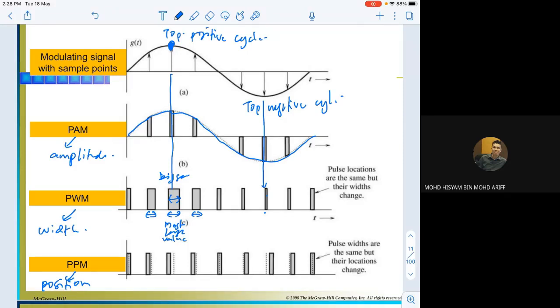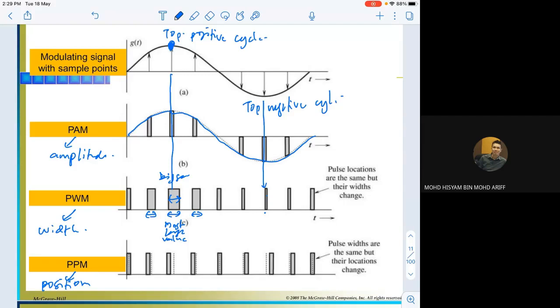Some of the students will say, sir, where can I see pulse width modulation? Normally you can see it on your light dimmer. You know light dimmer? The one that makes the lamp brighter or darker. In ordinary houses, you just switch the lamp on and off, but some wealthier houses have a dimmer.